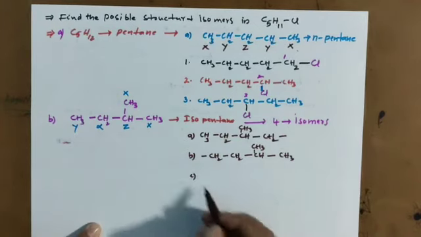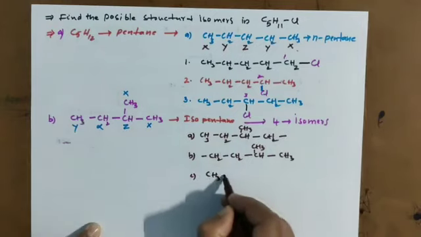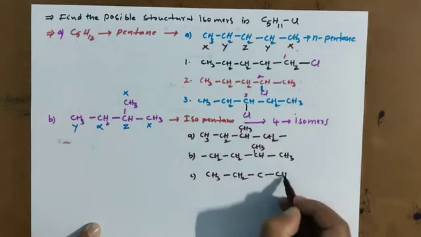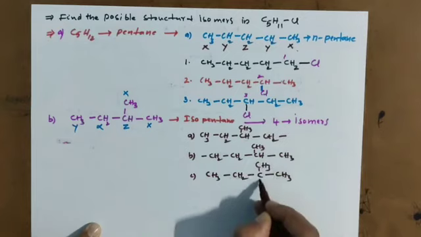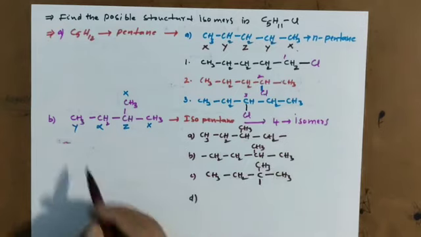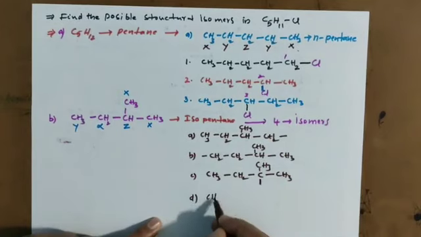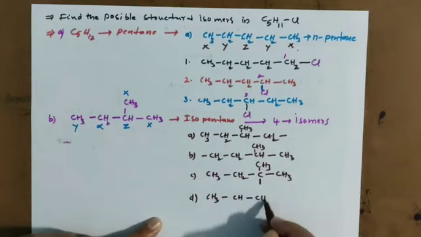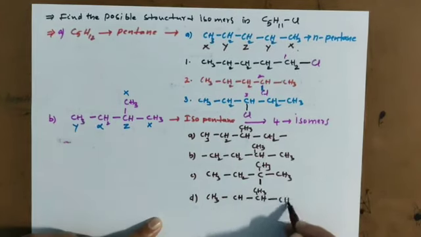Z. From here I am removing. CH3 bond, CH2 bond, C bond, CH3, and here CH3. Here one vacancy. And 4 is alpha. CH3 bond, CH bond, CH bond, CH3 bond, CH3.